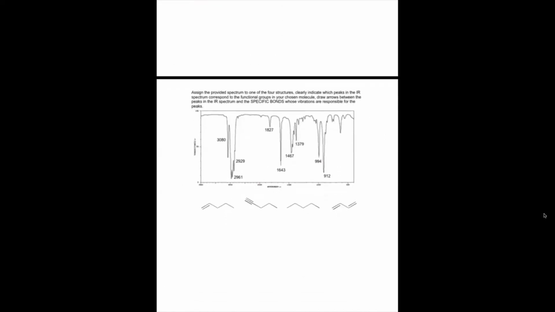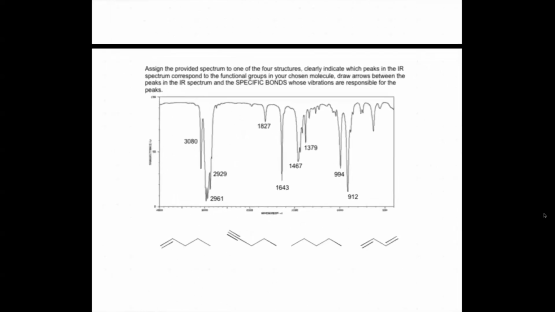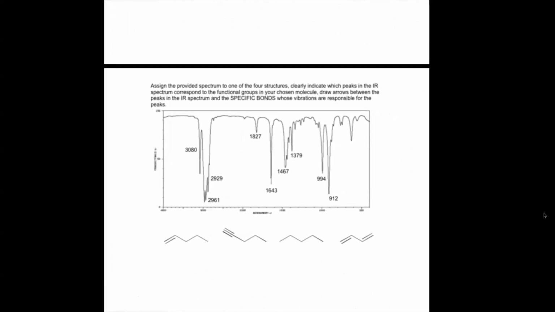So let's look at the example that I have up. We have sp2, sp2, and then this is an sp3, and this is an sp3, sp3, with our hydrogens.